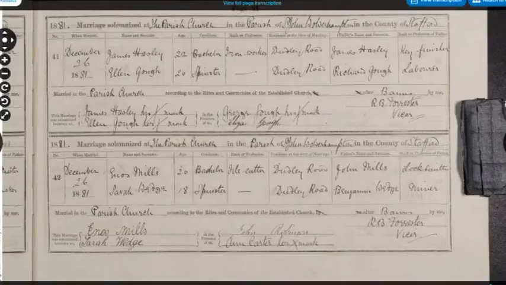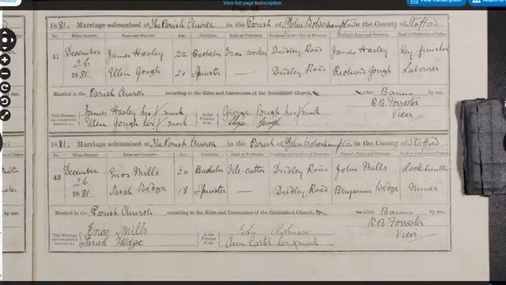And we can stay on this page a little bit longer, because there are other things of interest on it. Notice the date they got married, December the 26th, 1881, so it's Boxing Day. And that is, again, very common with working class families. I've got a lot of examples of that on my family tree, of couples who marry either on Christmas Day itself or on Boxing Day.